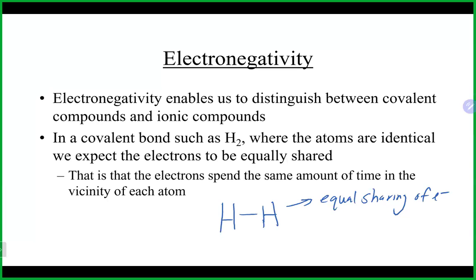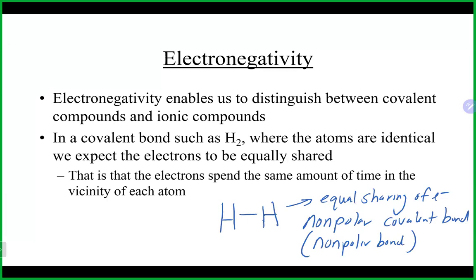And this type of bond is what is referred to as a nonpolar covalent bond. Most people will leave the covalent out of it and just call it a nonpolar bond, with the understanding that usually nonpolar involves two nonmetals and sharing electrons, so it's covalent. So a nonpolar bond results from equal sharing of electrons between two atoms. They have very similar electronegativity.